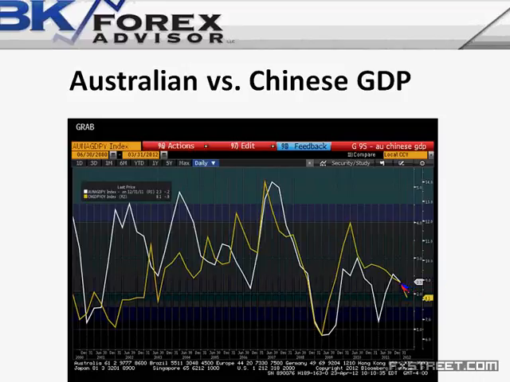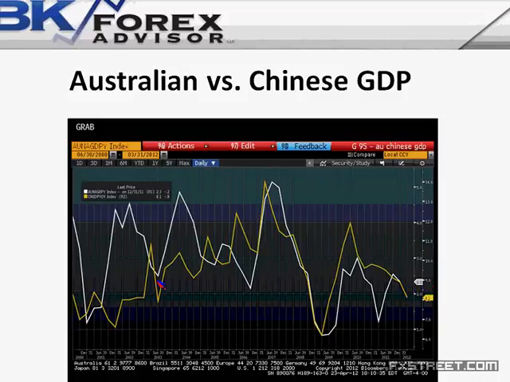You can't see that clearly here, but the white line actually ends one quarter before the yellow line. So the latest GDP number that we actually have from Australia is from the fourth quarter, I believe. And let me just pull up the number, show you exactly where that is, which is over here. In the fourth quarter, the Australian economy grew a mere 2.3%.